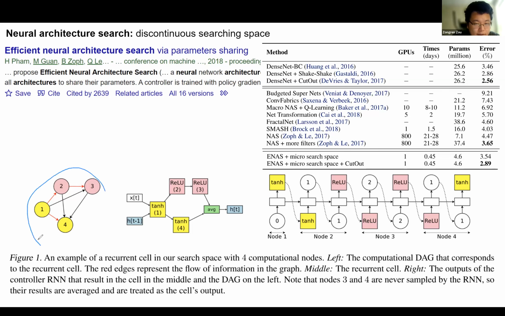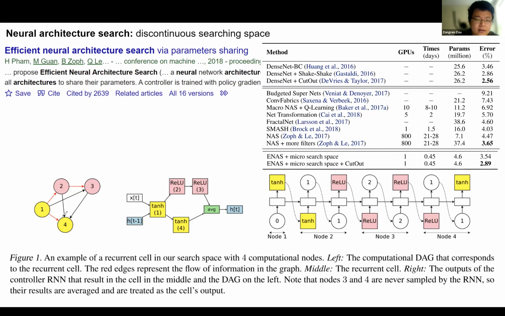Let's use this one as an example. For instance, this is a computation graph. There are many nodes on the computation graph. And instead of learning the width and depth, the sequential model of a neural network, this method learns the connections among nodes. For instance, whether the connection from node 2 to node 3 exists. So it searches for this kind of architecture.